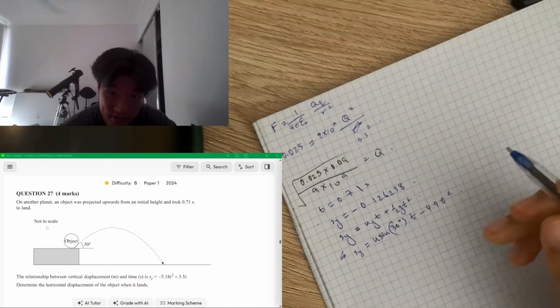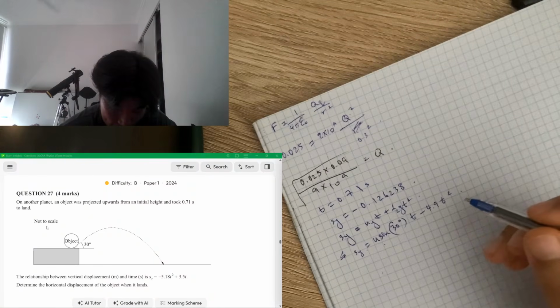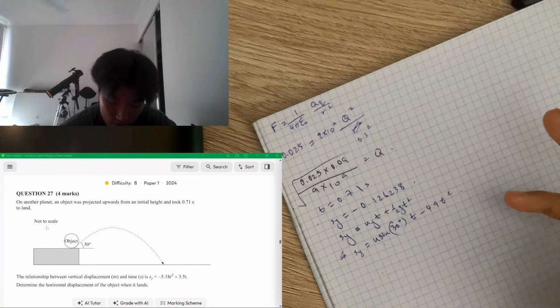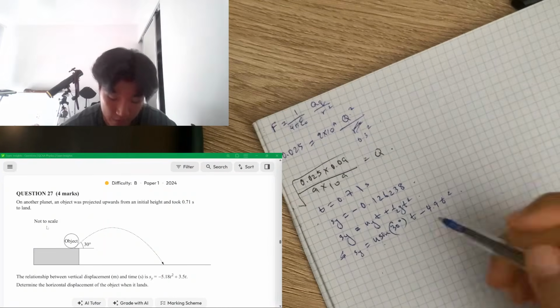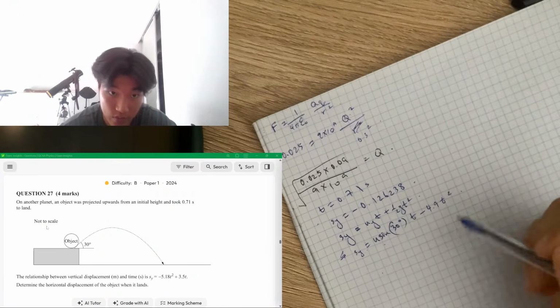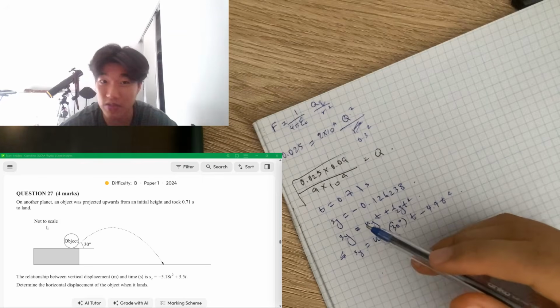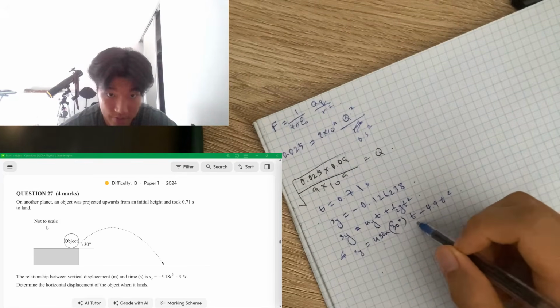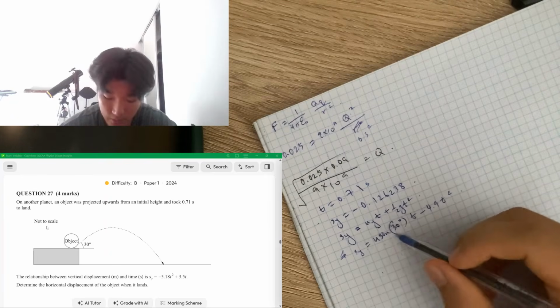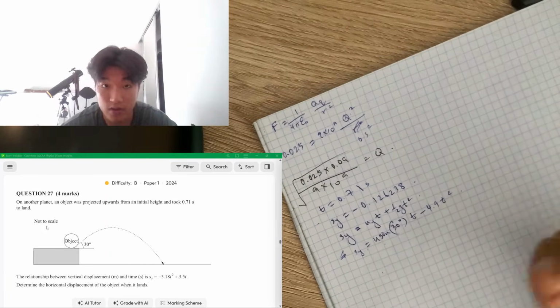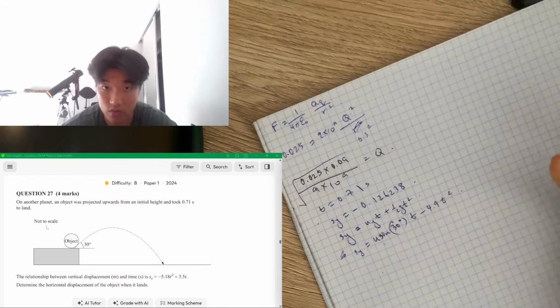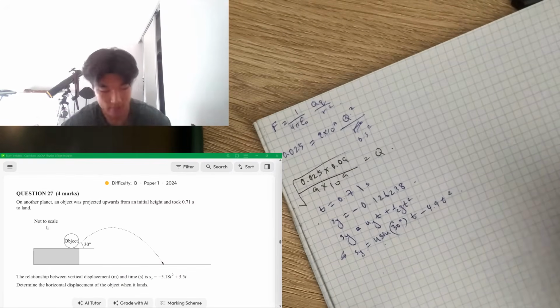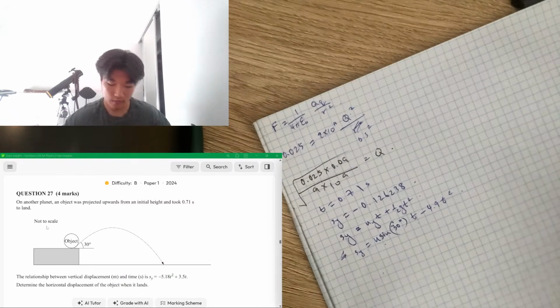I mean, technically, you could probably just calculate it by equating this with the relationship given in the question. So the coefficient of t was 3.5, so this equals 3.5. Since sine of 30 degrees is a half, then u equals 7. Let's see if that checks out.